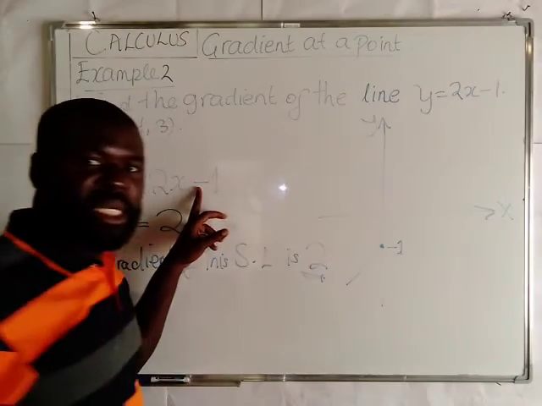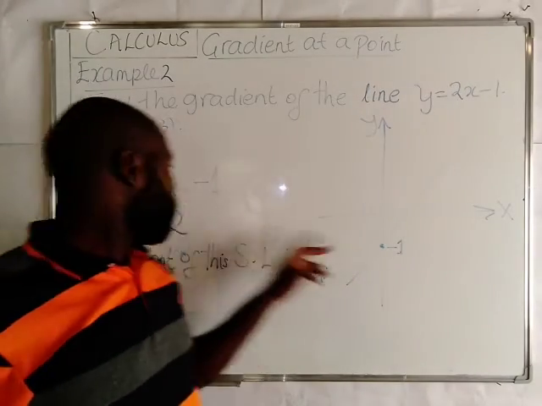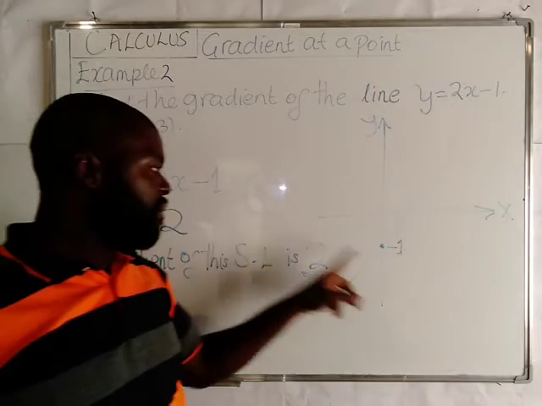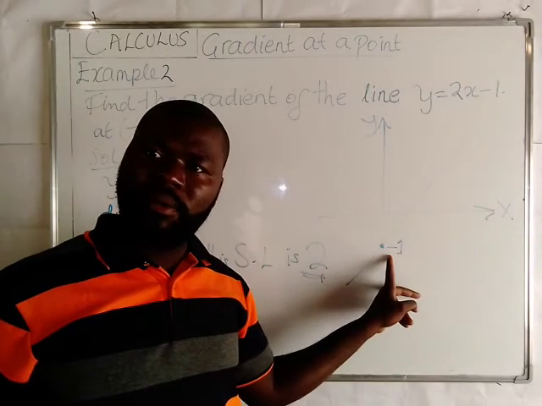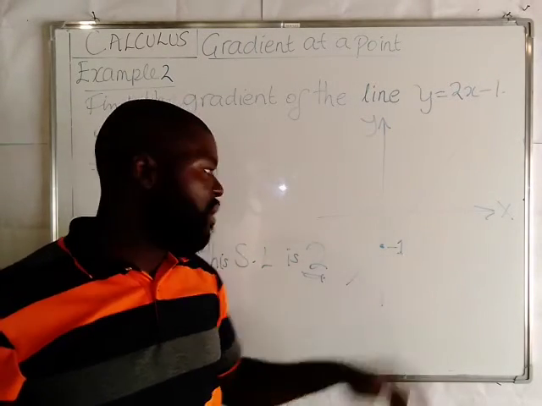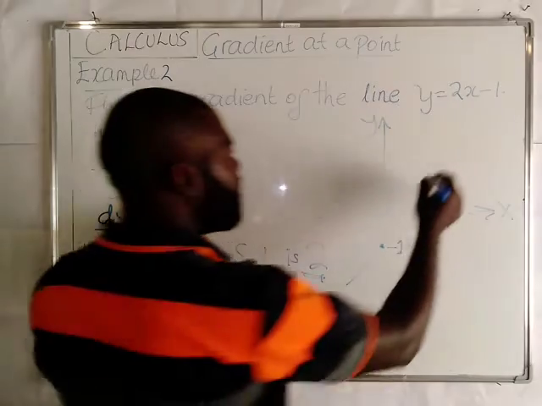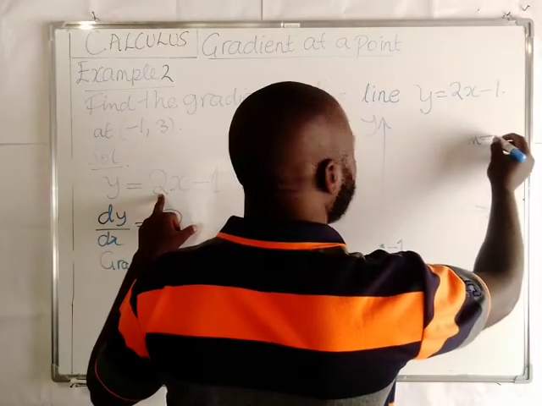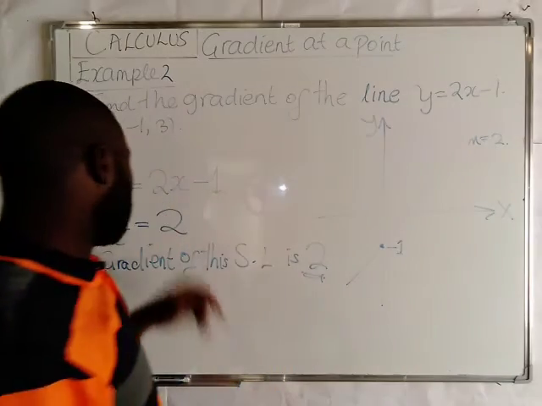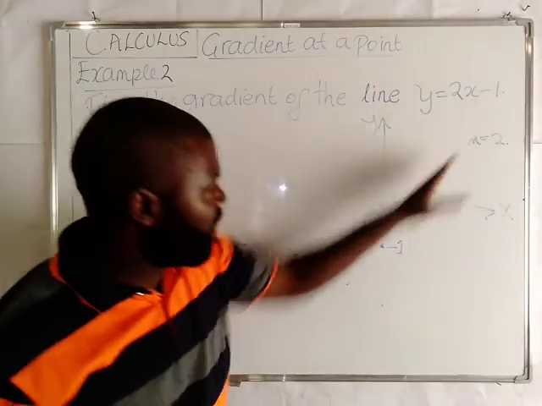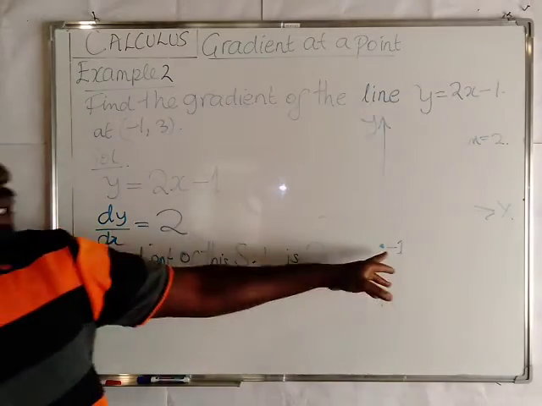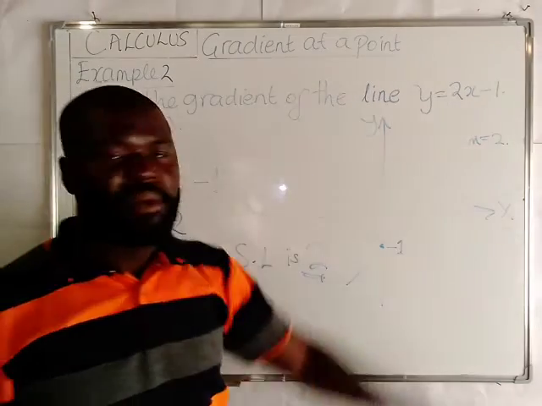So the orientation of this line is this. The y-intercept here is -1, so it is meeting the y-intercept at -1. Then we are told the gradient is 2. So this is the line that we are talking about, whose gradient is positive 2.